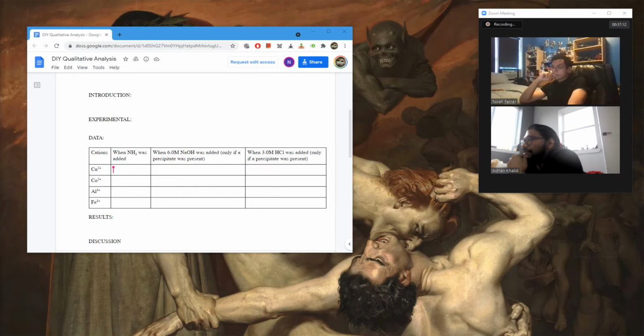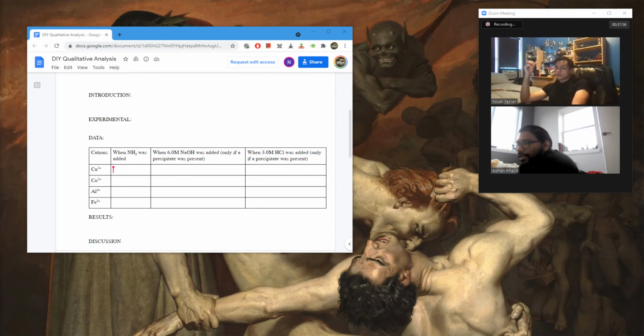So when ammonia was added, so for copper, I suppose you can write, well, okay. It says clear colorless liquid, so I mean, are you supposed to write? I'm trying to figure out how to. Like for data, is that what you write?